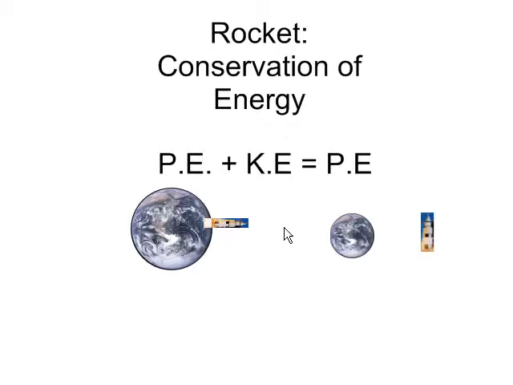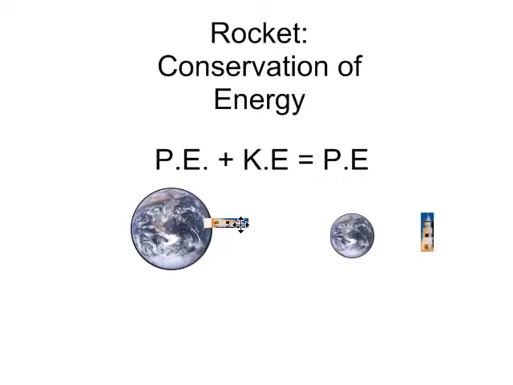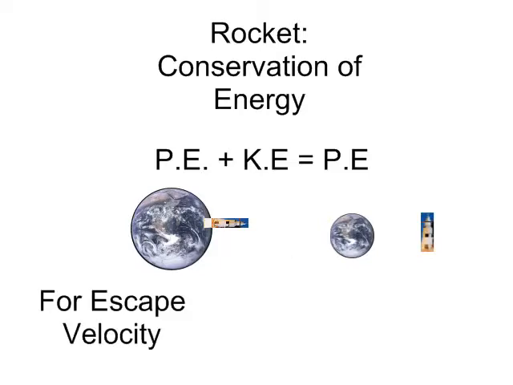In other words, completely leave the Earth's gravitational field, in which case potential energy plus kinetic energy at the surface of the Earth has to add up to that potential energy when it gets at infinity. In other words, for escape velocity, potential energy plus kinetic energy has to be equal to zero when that rocket makes it all the way out to infinity.